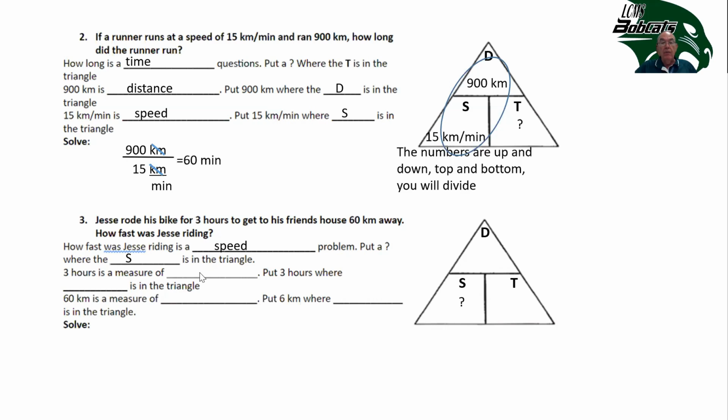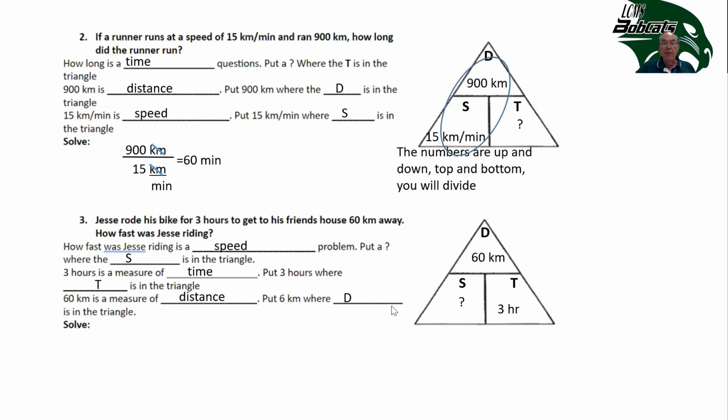We read 3 hours in the problem. 3 hours is a measure of time, so we're going to put the 3 hours where the T is in the triangle. 60 kilometers is a measure of distance, so we're going to put the 60 kilometers where the D is in the triangle.